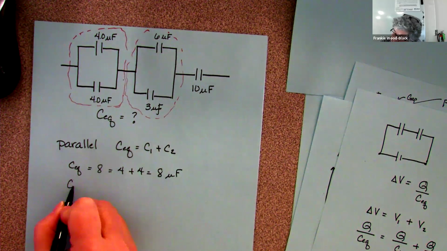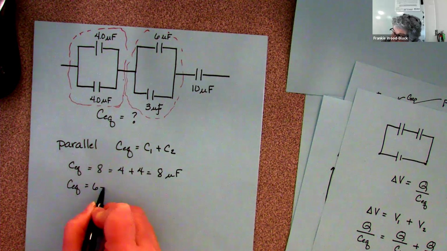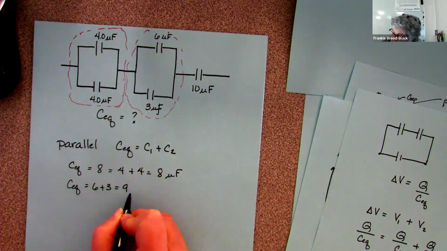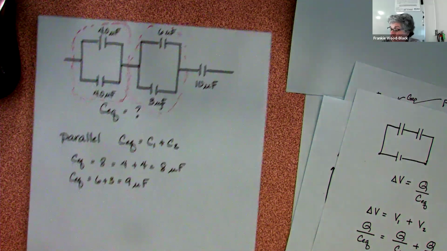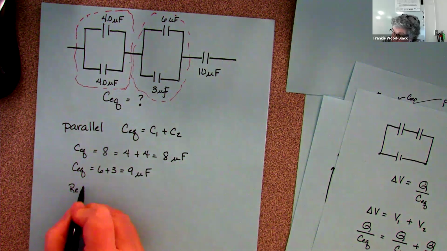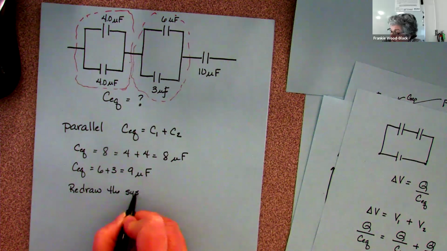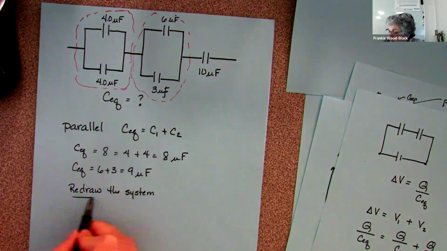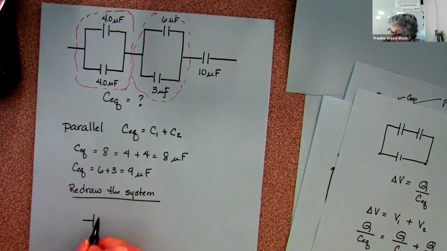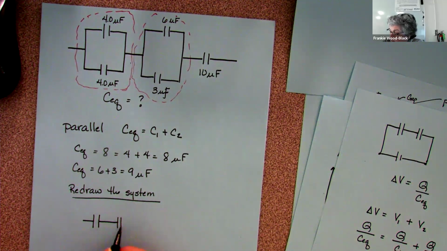This one, 6 plus 3 gives me 9 microfarads. And I can redraw my system. So now I've got 1, 2, 3, and this one is 8 microfarads, this one is 9 microfarads, and this one is 10 microfarads.